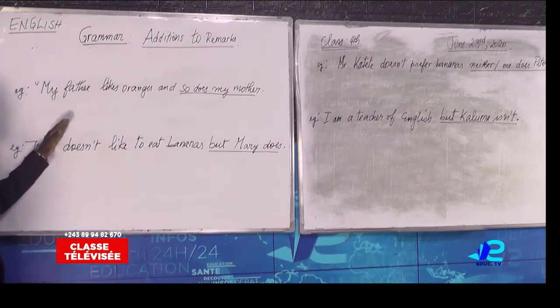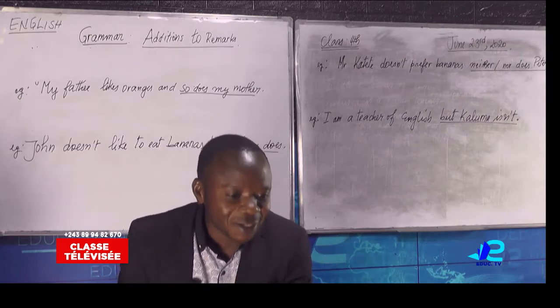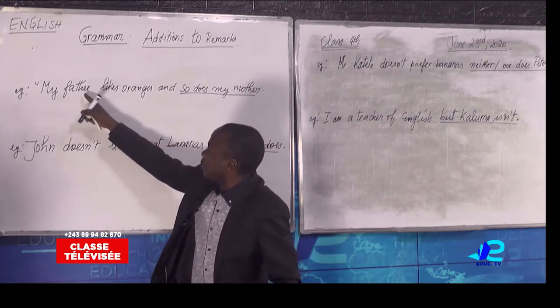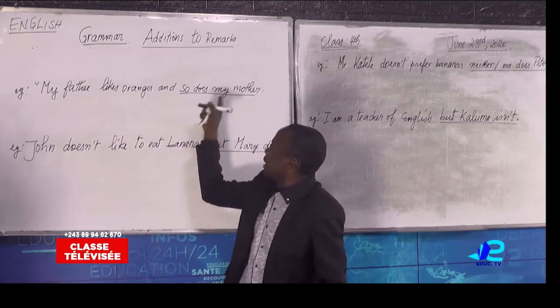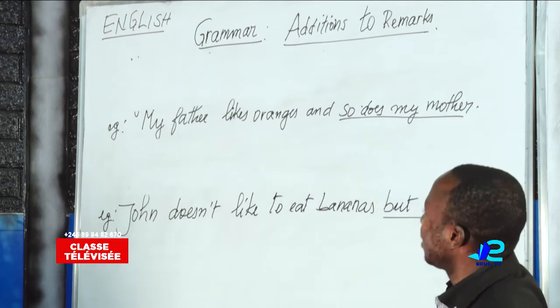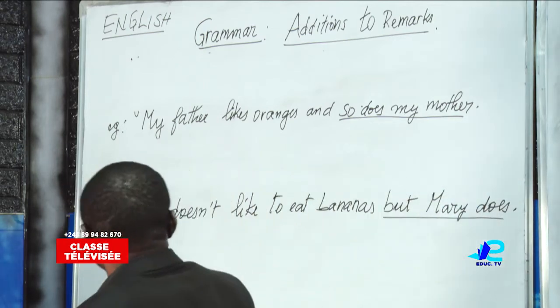Are they, the remark and the addition, positive or negative? I know that your answer is the two parts, the remark and the addition are in affirmative. What do we do, class, to make this?